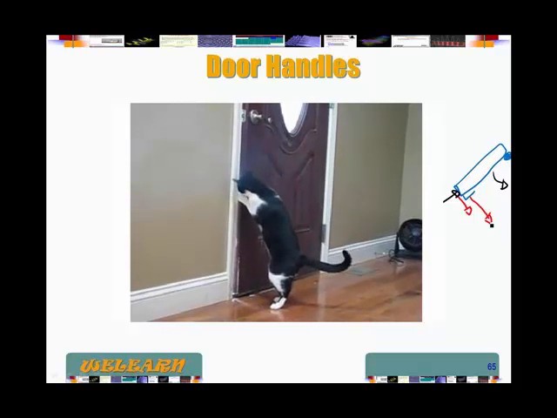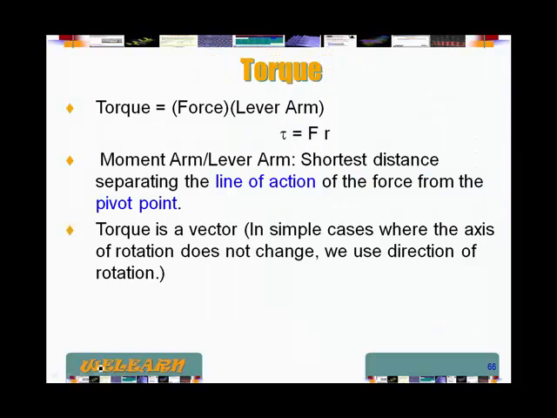So what does that mean? That means if we need to get an object to rotate, it's not going to be sufficient to apply a force. It's going to be important to know where to apply the force relative to the point about which the object is going to be able to rotate.